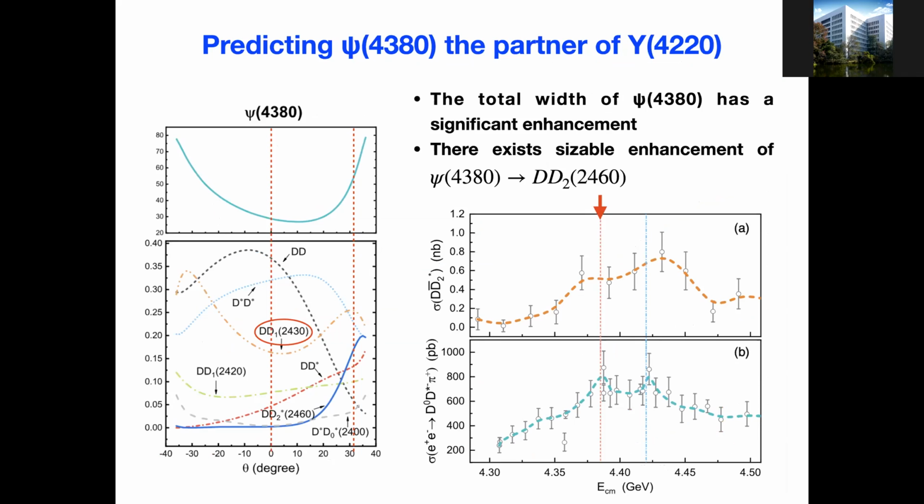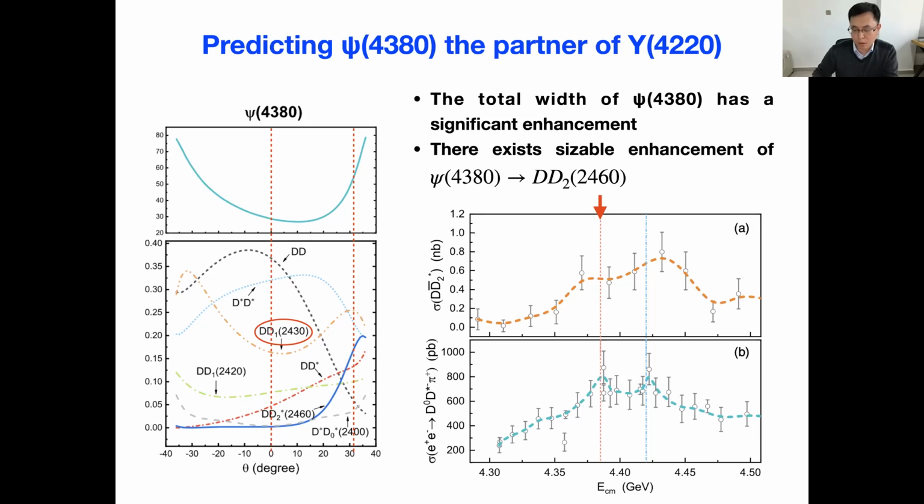I also want to predict the psi(4319), which is the partner of the Y4220. I show some of the decay widths for this state. It means that the total width of the psi(4319) has a significant enhancement.